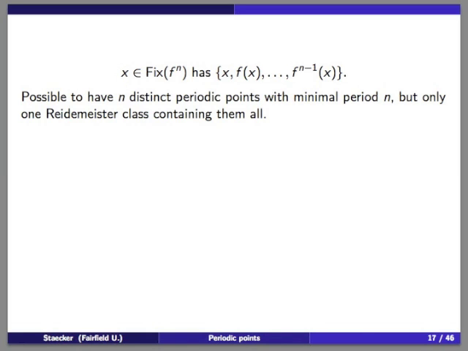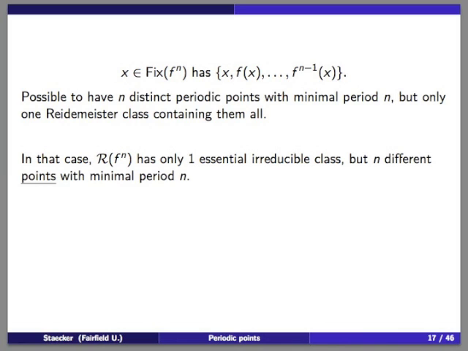So it is possible to have n distinct periodic points with minimal period n, but only one Reidemeister class, which contains all of them. In that case, your Reidemeister set would just have one essential irreducible class, if this is the only orbit. Only one essential irreducible class because all of those points are in the same class, but it has n different points.